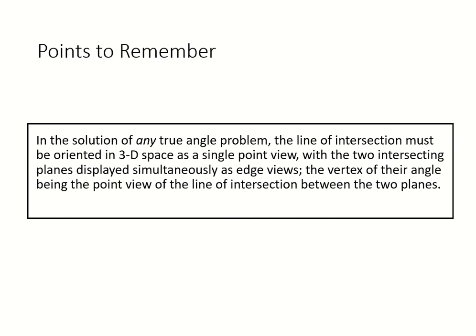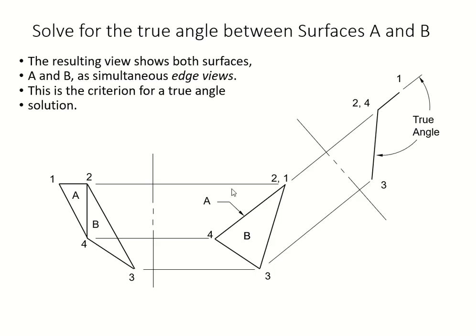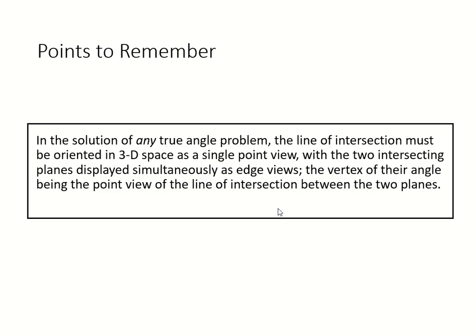That's just bulky in text. All we want to say is this: these are the surfaces, that's the line of intersection, this is the edge view of the surfaces, and that is the edge view, which is now a point, of this line of intersection, and there exists the true angle between them.